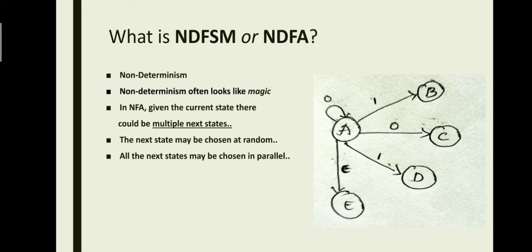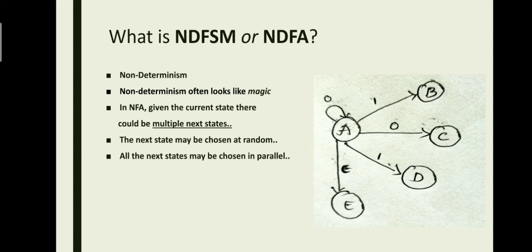See, concentrate on the diagram. Assume that A is a current state. Let's check how it behaves on getting certain inputs like 0, 1, etc. Let's check for 0. A on getting input 0 could stay either in A itself or it can even go to C. Are you getting what I am telling?